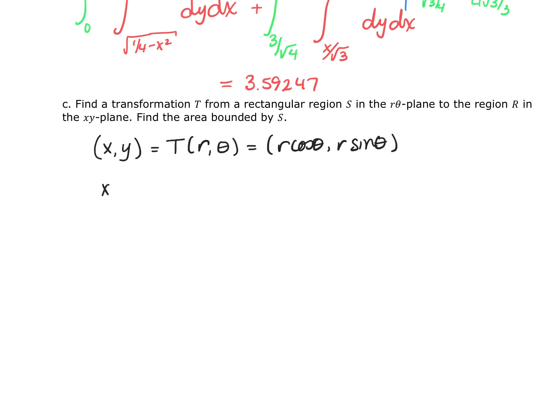Then we'd have x squared plus y squared equal to 1/2 squared. And we'd also have the other one, x squared plus y squared equal to 8/3 squared. So r on this side would be 1/2, and on this one, r is equal to 8/3.